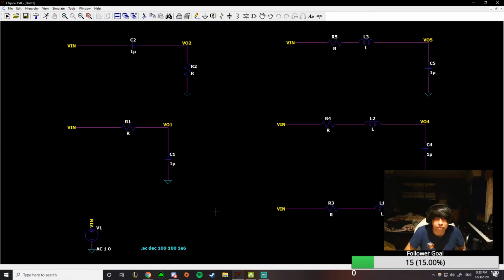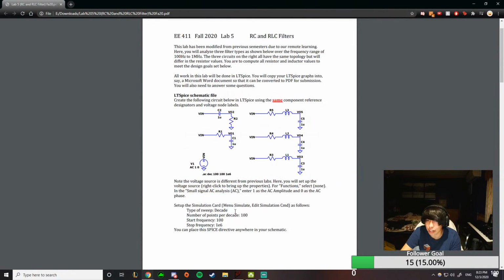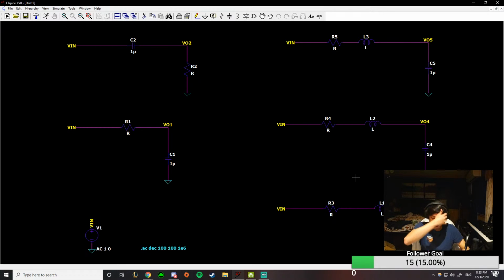What changes among them? It's really the exact same. Did I copy down the circuits right? Seems like I did. Oh, first order, second order, third order. Okay, yeah.